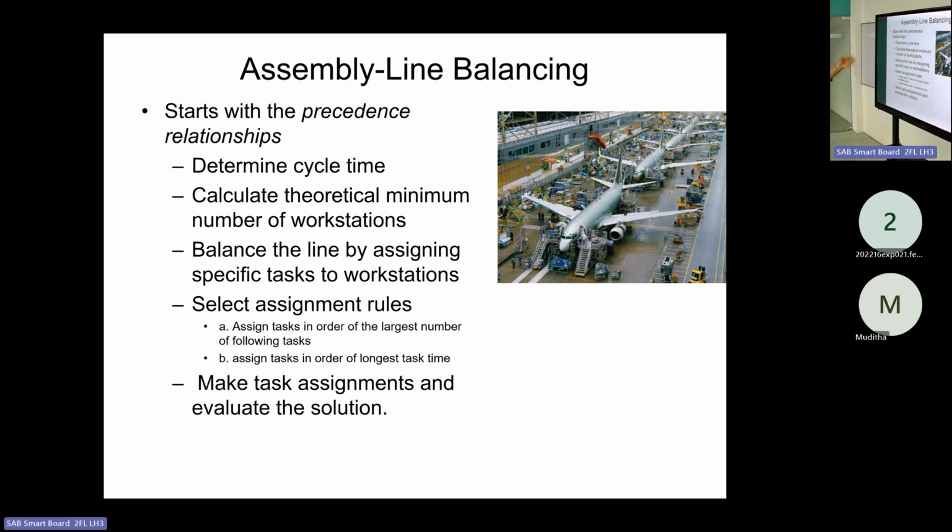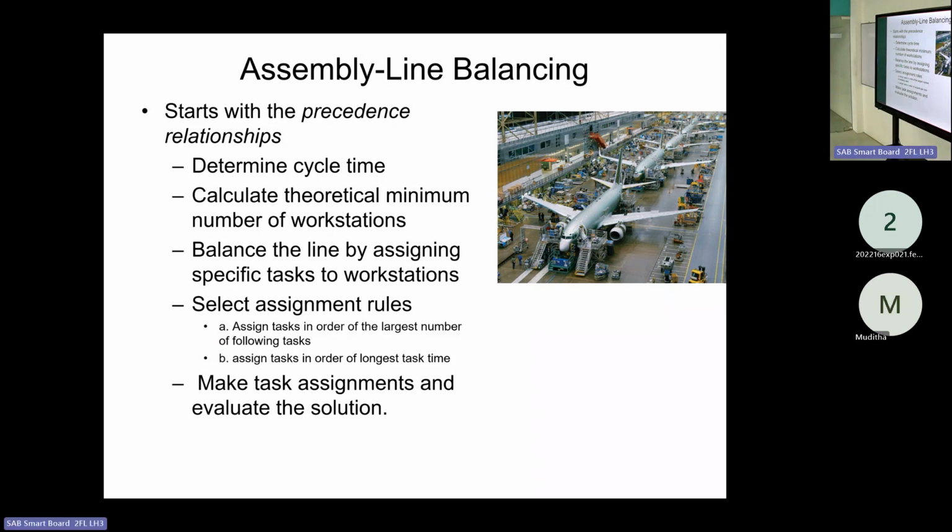Right. These are the steps to follow when doing line balancing exercises, assembly line balancing exercises. We need to start with precedence relationships, the activities and in which order we need to cover it completely. But you see here, kind of airplane assembly, where certain activities are completed in one workstation and the aircraft is forwarded to the next workstation.